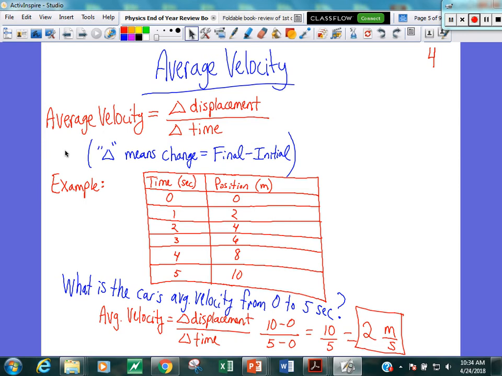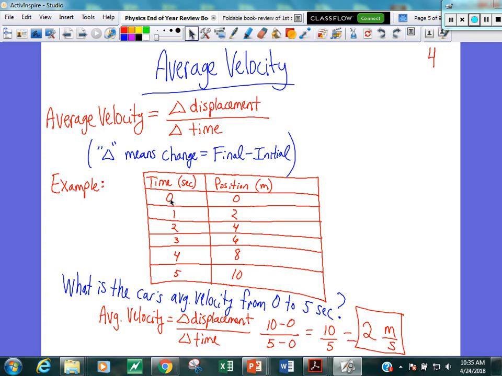I've got an example problem for calculating average velocity. But for my example problem, I need you to make this table here. It's got 2 columns and 1, 2, 3, 4, 5, 6, 7 rows. So make that table. In the first column, I want you to put time in seconds.